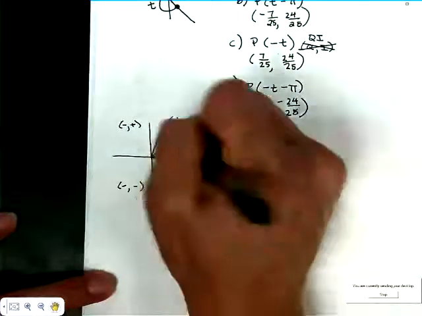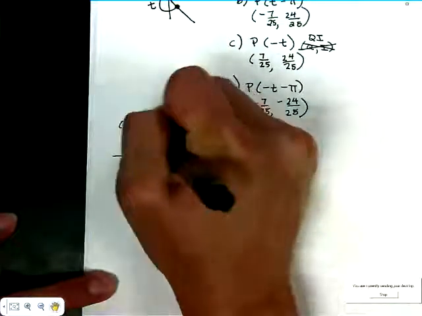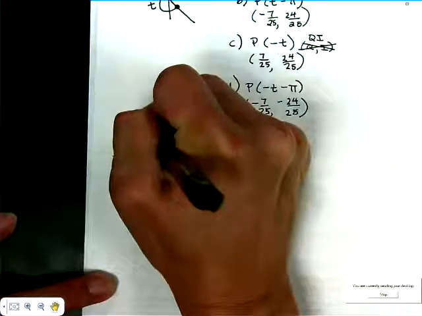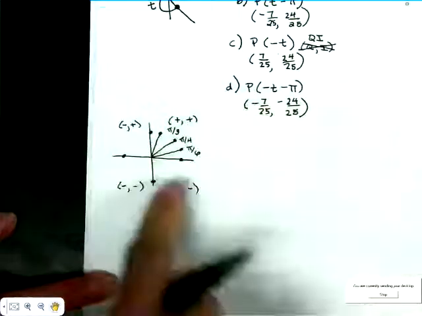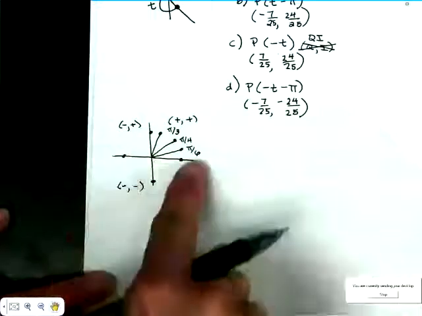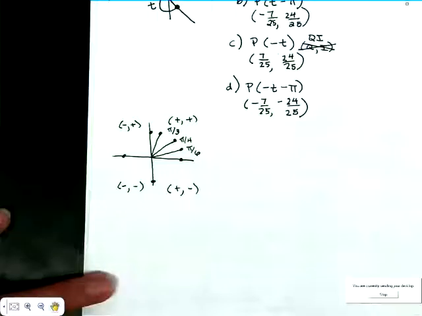And then label the ordered pairs of those 4 quadrantal angles and those 3 first quadrant angles.